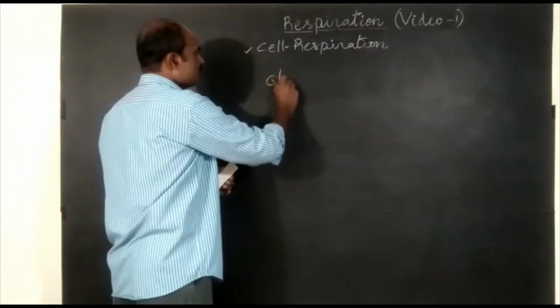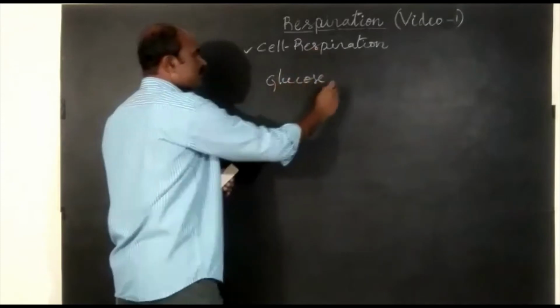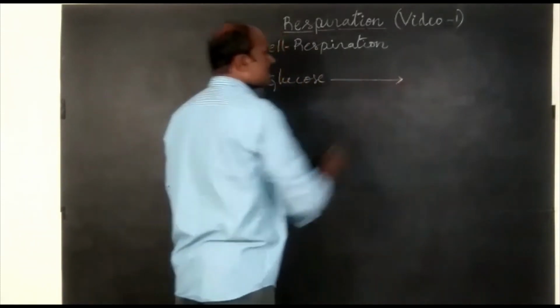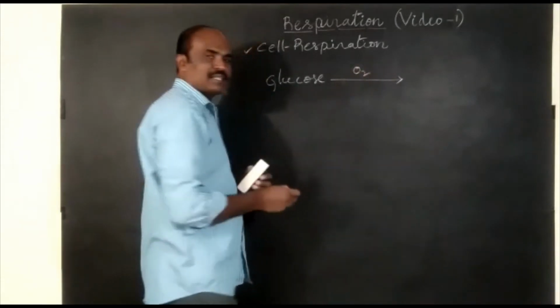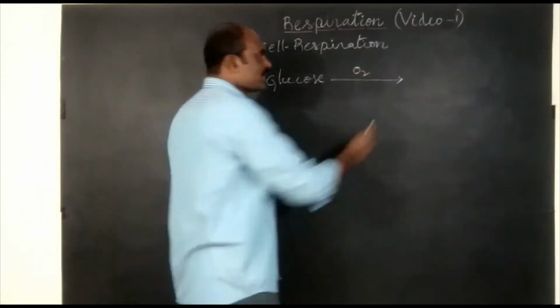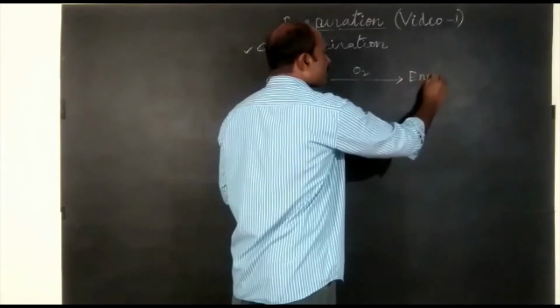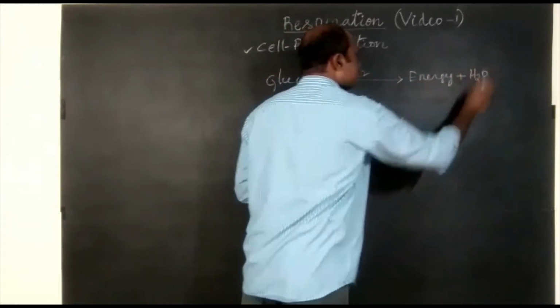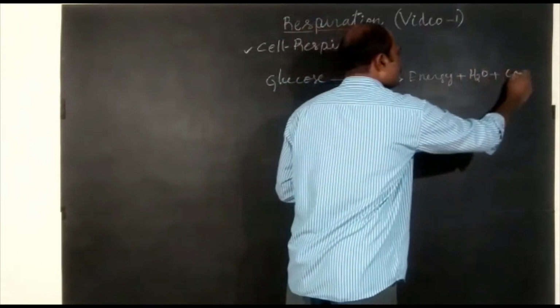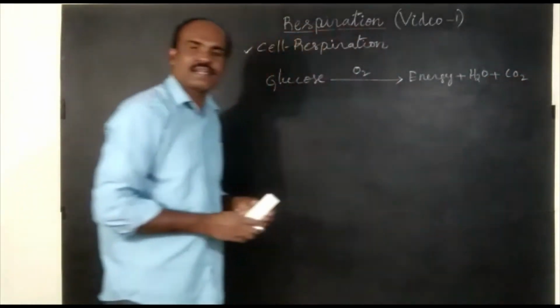Respiration is a physiological process in which glucose is oxidized in the presence of oxygen completely into energy, and in this process water is released and carbon dioxide is released.